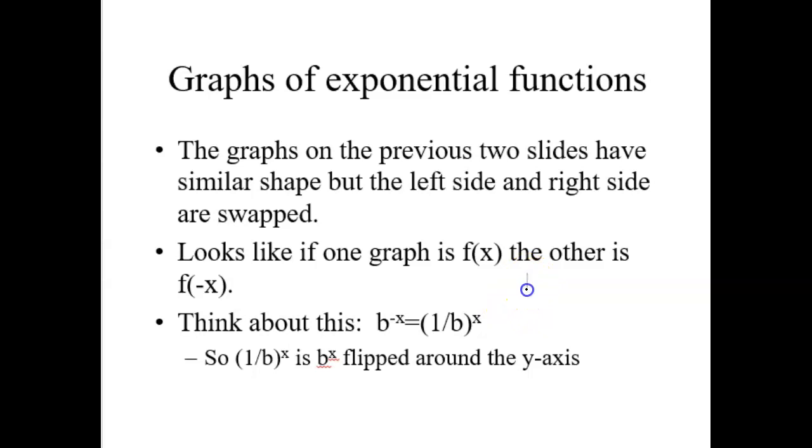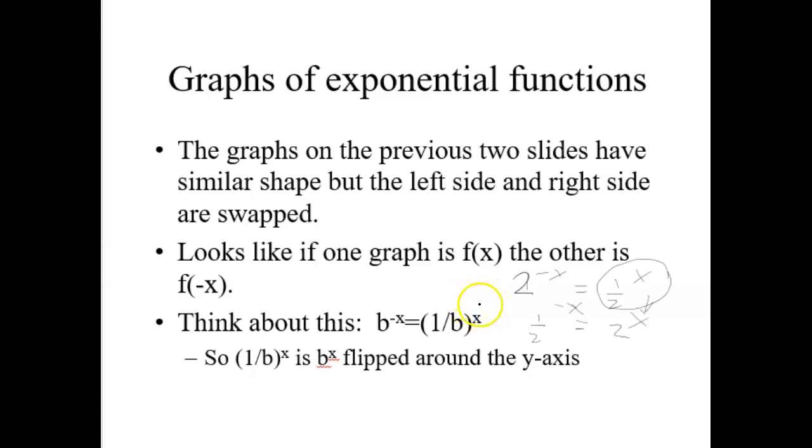There we go. If I have 2 to the negative x, that's the same as 1/2 to the x. If I have 1/2 to the negative x, that's the same as 2 to the x. So if I want to graph 1/2 to the x, I can take a look at the graph of 2 to the x and rotate it over the y-axis, because when you swap the x's for negative x, you rotate around the y-axis.